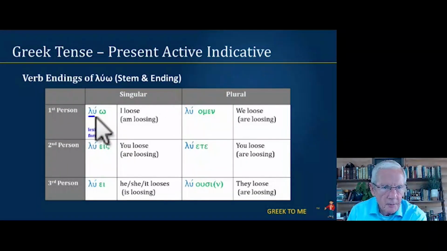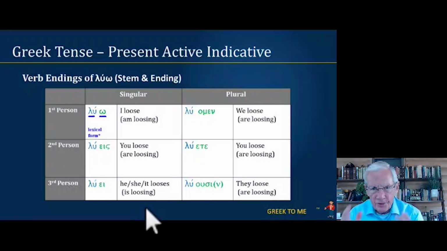That is the stem of the word. Now, in the vocabulary, you learned it with the omega ending. That means I loose. The omega is the first person singular ending. And then we'll see here on the screen, there are 6 different endings that are attached to the stem lu.